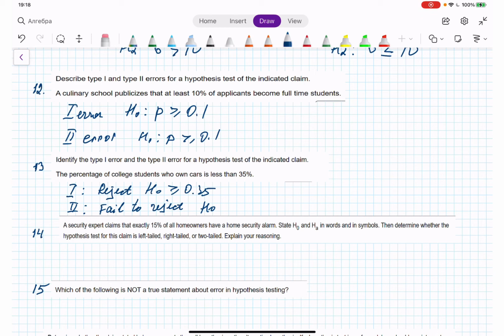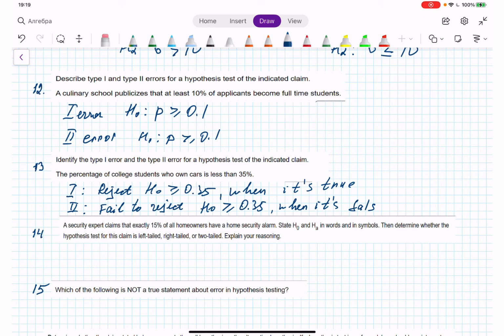So we fail to reject the null hypothesis that the percentage of students who own a car is greater than or equal to 35% when it's actually false. Here we put when it is true. All right.